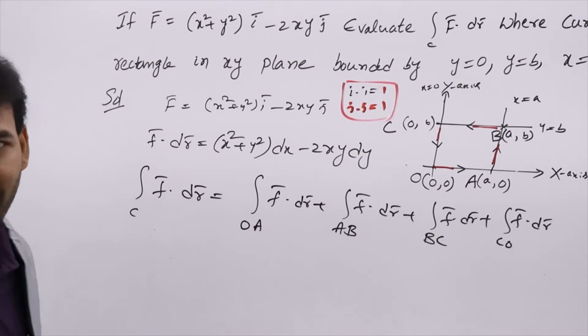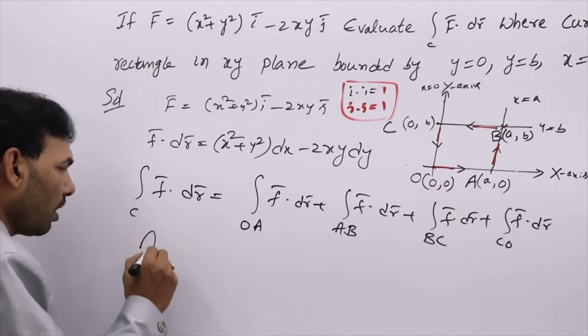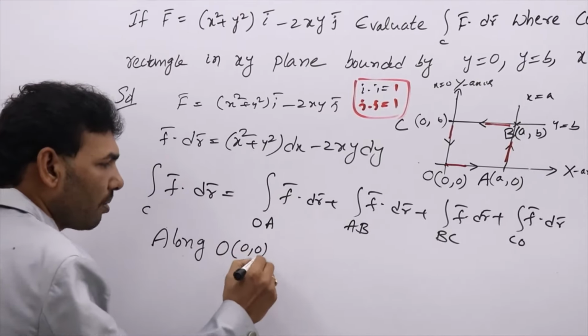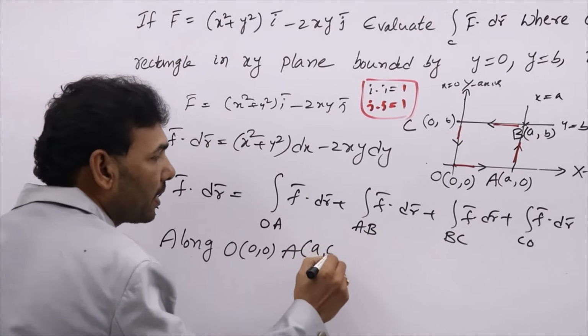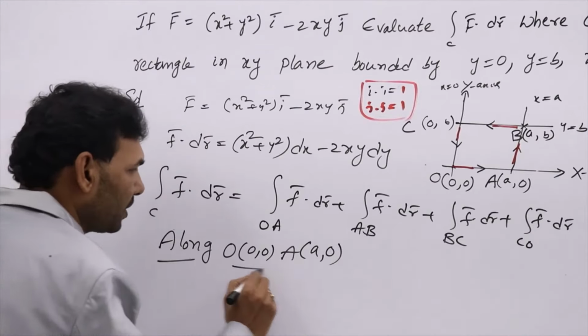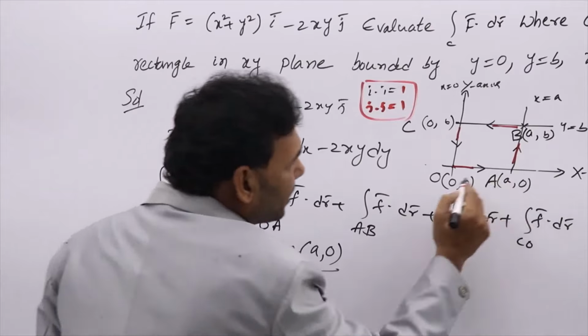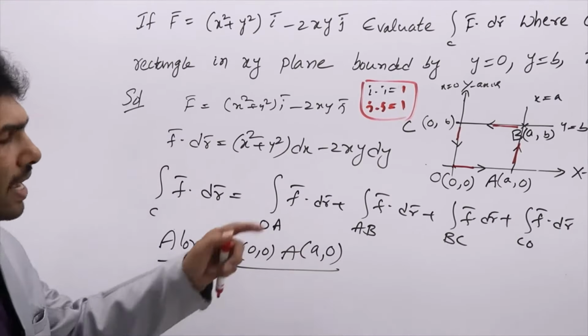These integrals we need to evaluate. First, along OA, where O is 0, 0 and A is a, 0. In this direction we need to evaluate this line integral.